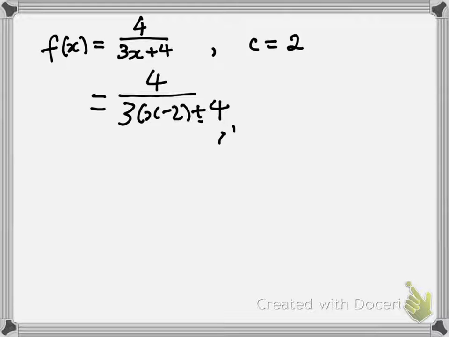Because you see, the bottom of the second fraction here is really 3x minus 6 plus 4, whereas the bottom of the original rational fraction is 3x plus 4.